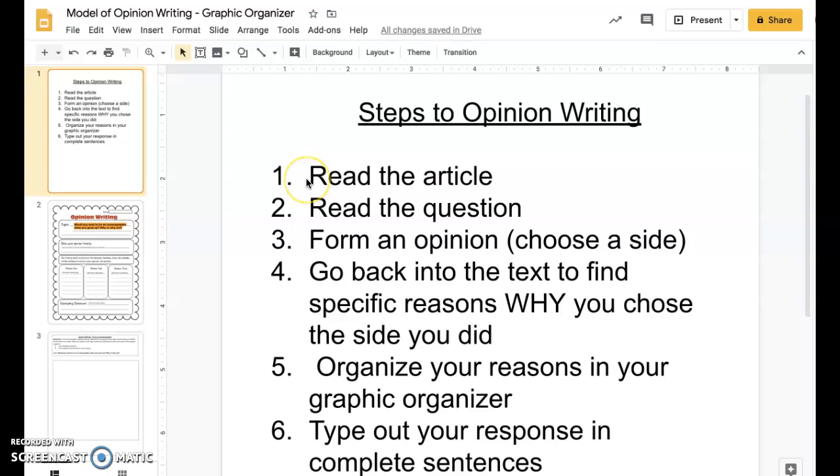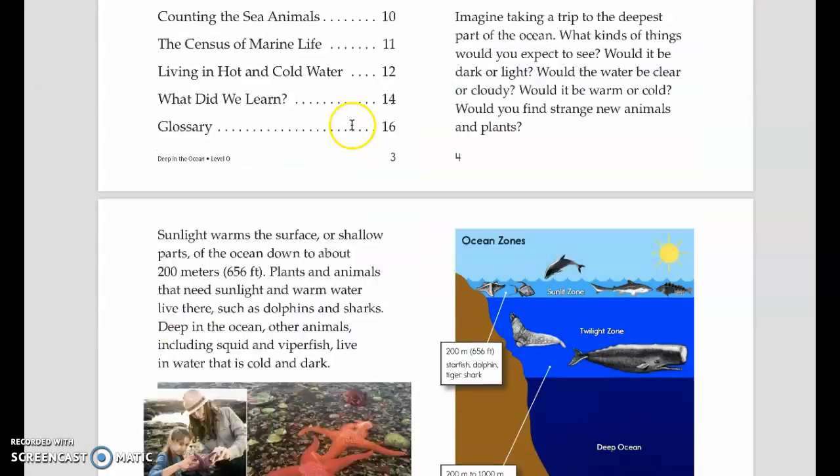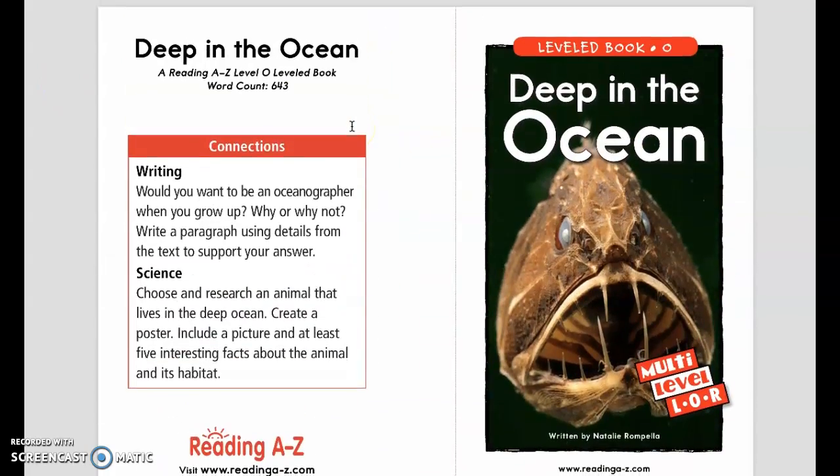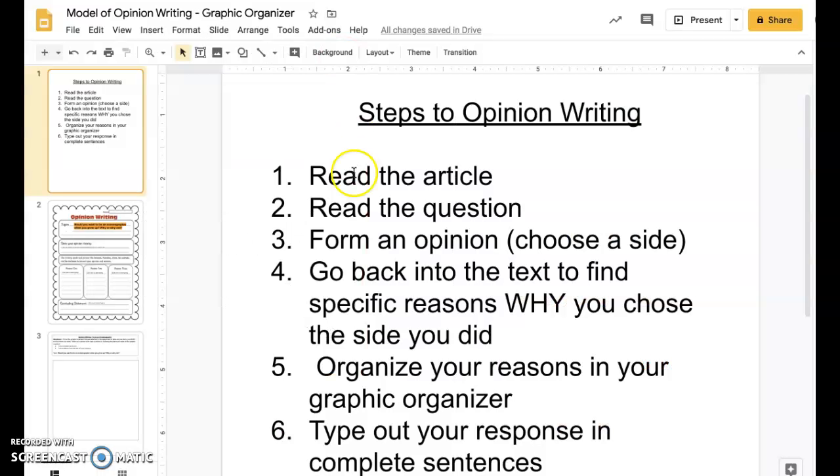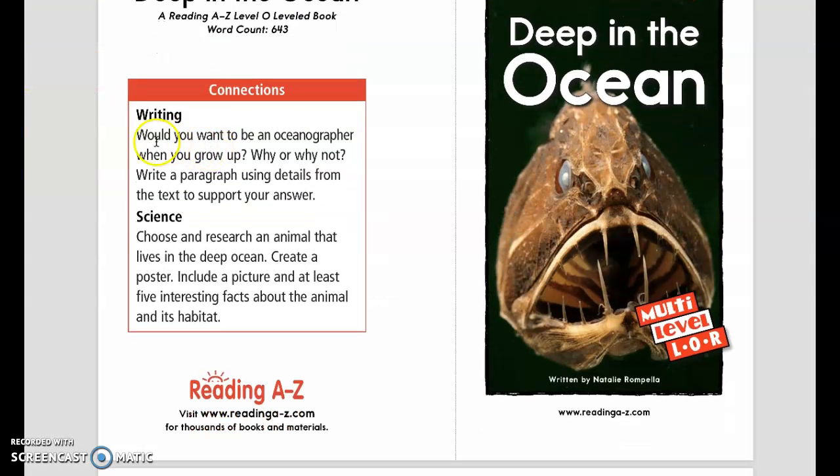The first step is to read the article. So in this case, I have already read the article, which is called Deep in the Ocean. Okay, so I've already read it. Step number 2, read the question. So here's the question. Would you want to be an oceanographer when you grow up?